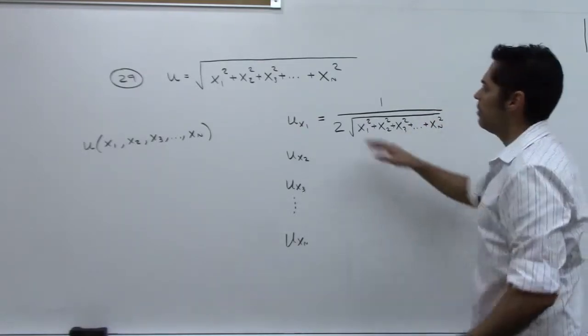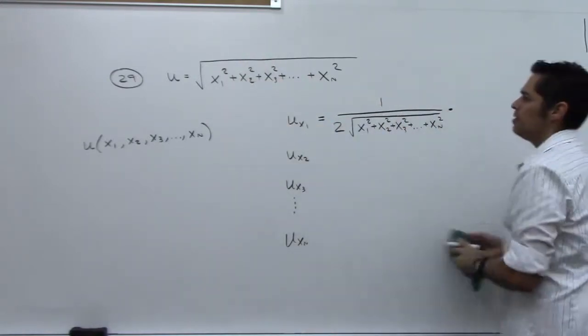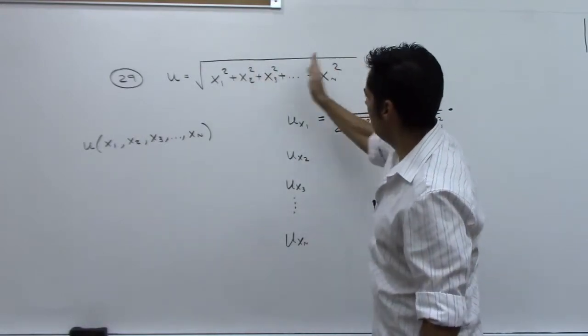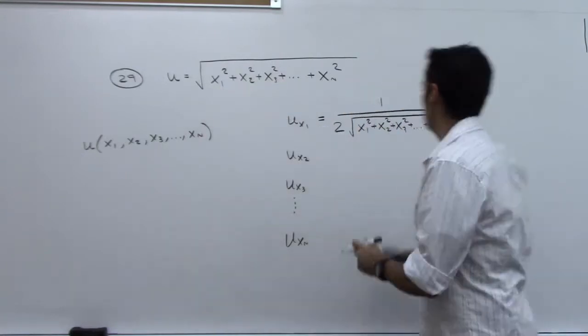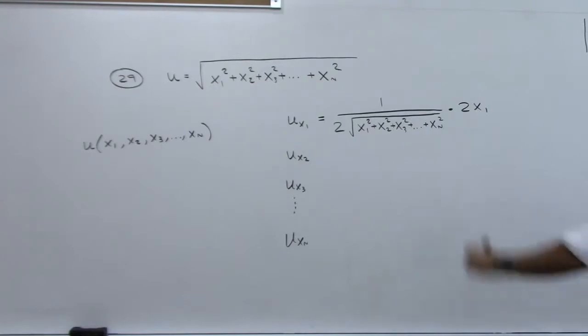Okay, that's the derivative of the square root of something, times, chain rule, the derivative of what's inside. Everything from here on is a constant, so the derivative of each one of those is 0. Derivative of this is just going to be 2x1, x sub 1. These 2's cancel.